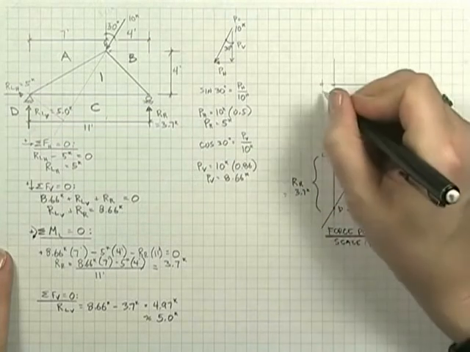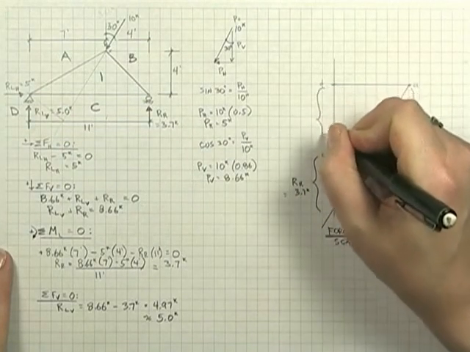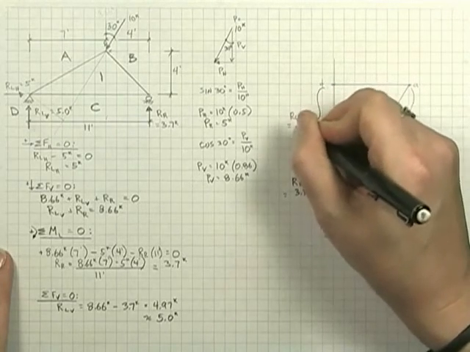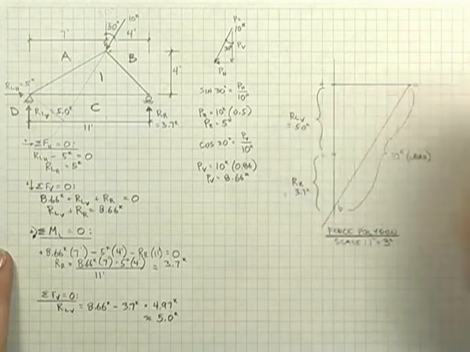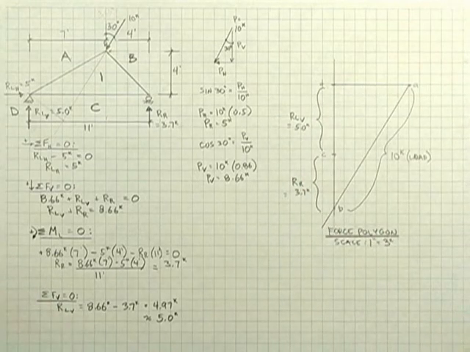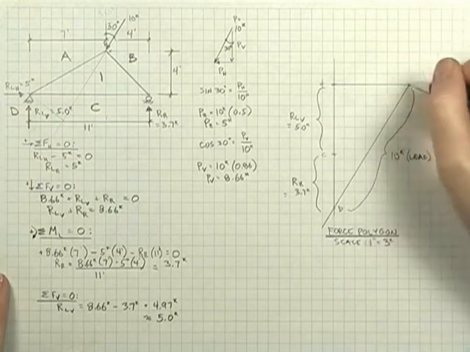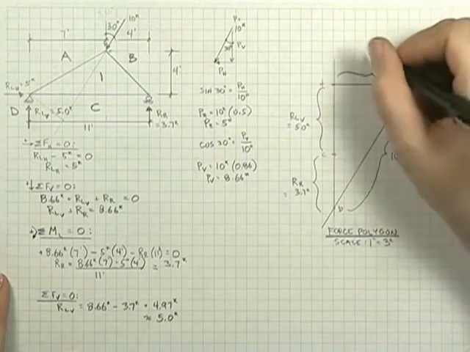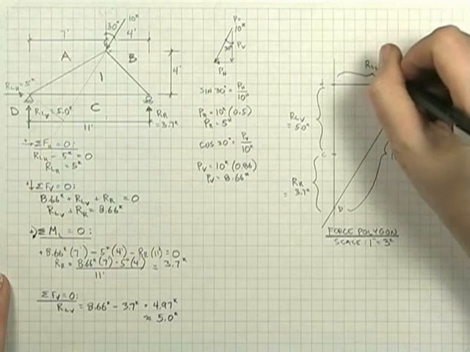From C to D, this is our left vertical. And then from D to A, this is our left horizontal.